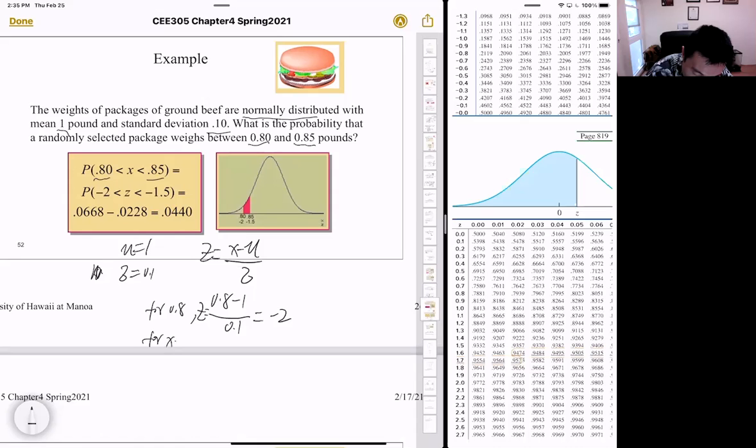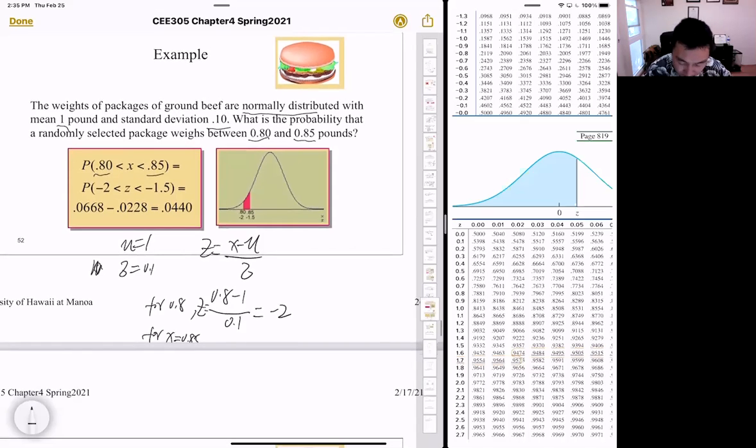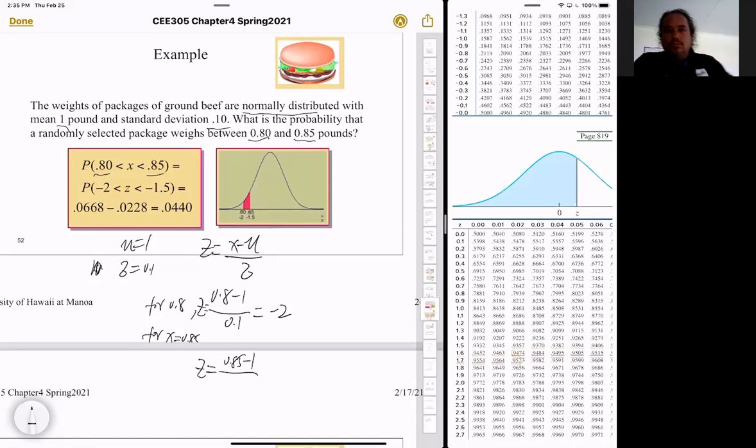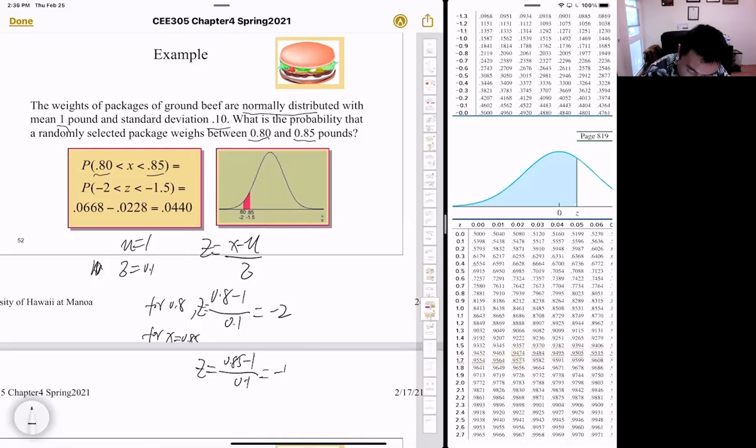For X of 0.85, the Z value will be 0.85 minus 1, over 0.1, so that is minus 1.5.